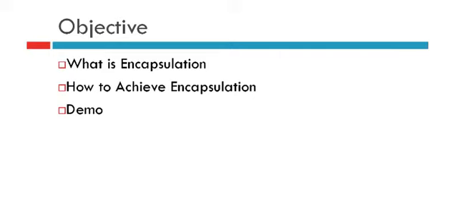Of course it's very clear that in that case your program would behave differently, and this happened because you did not follow encapsulation. So we will see what encapsulation is in today's session. We will also learn how to achieve encapsulation, and I will show you a simple program on the same.